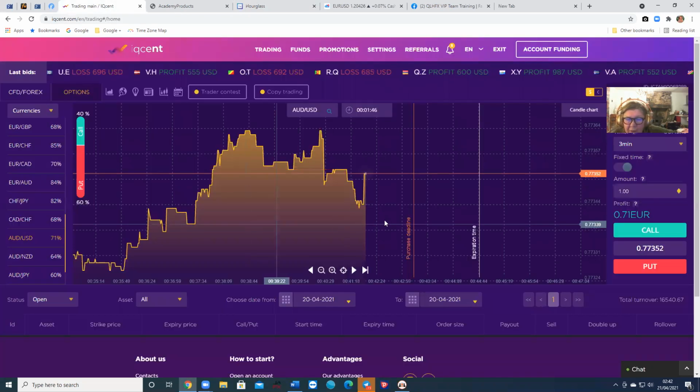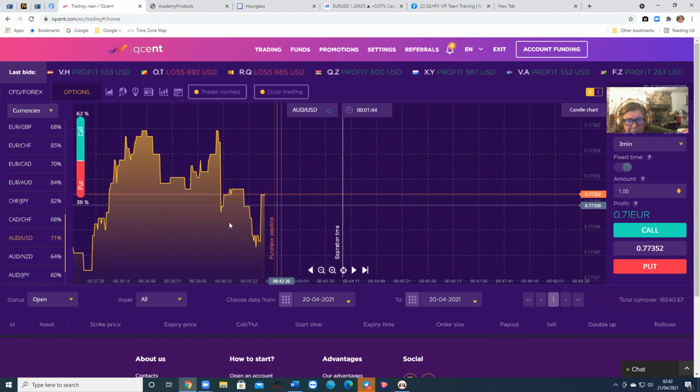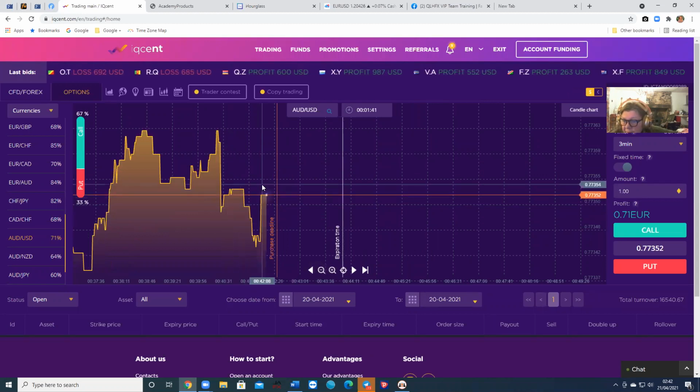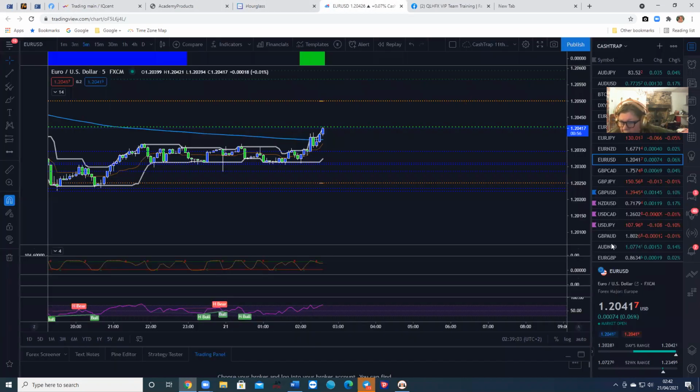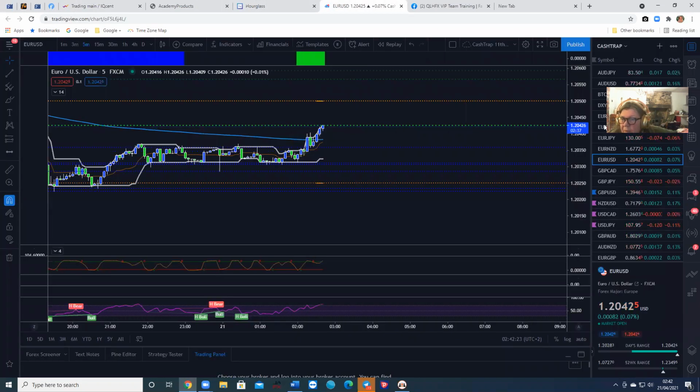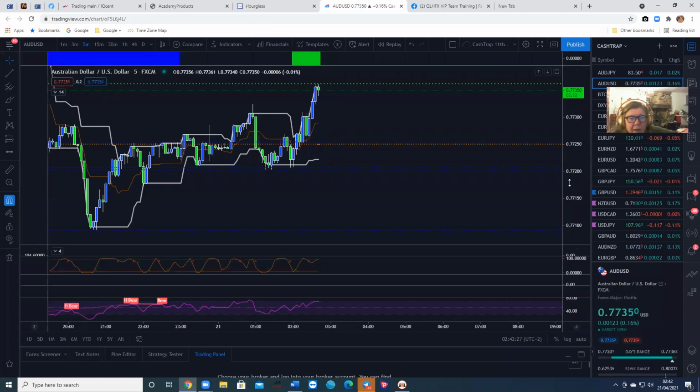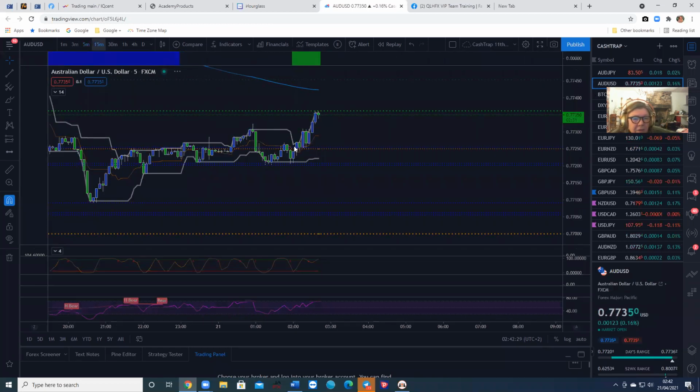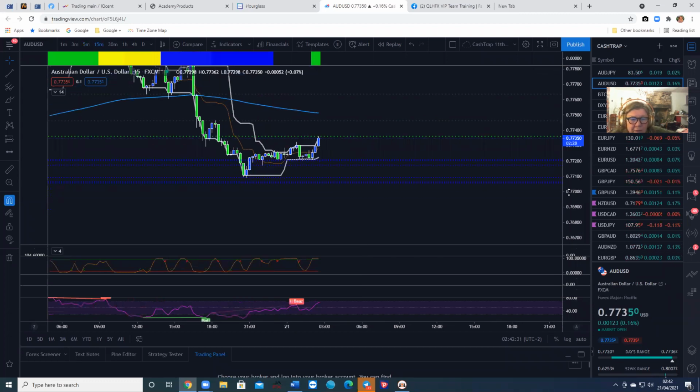It's at 352 on the broker. Let's look at it on here. And if we go to the 15-minute, just so we can see more of the chart.